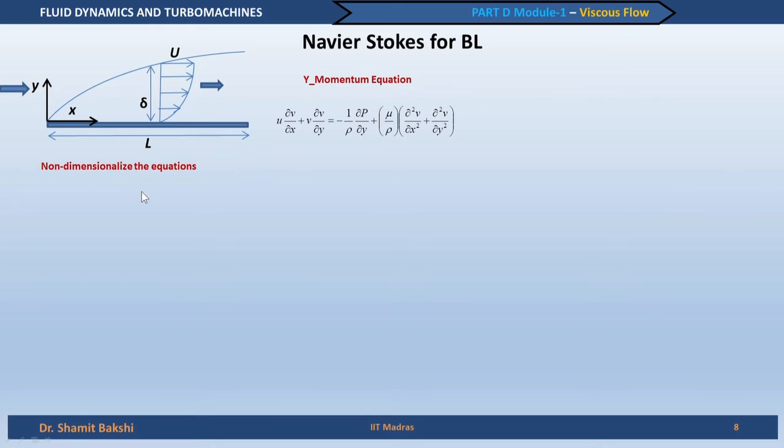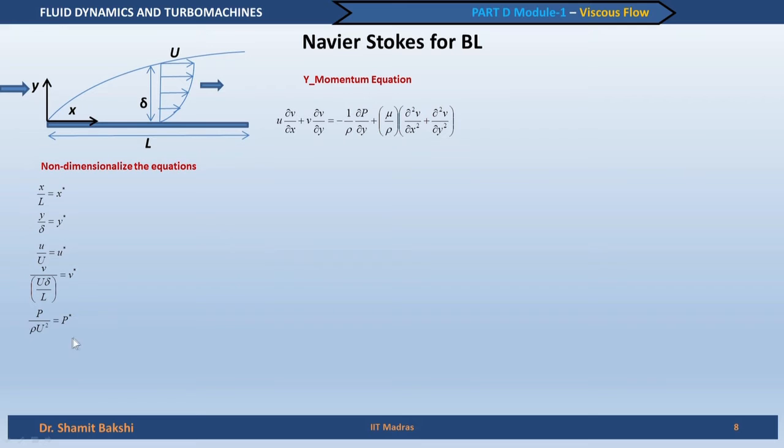Now we non-dimensionalize the same equation as we did before, with the same approach: x with L, naming it x star, y with delta, naming it y star, small u with capital U, v with U delta by L, and p with rho U square.